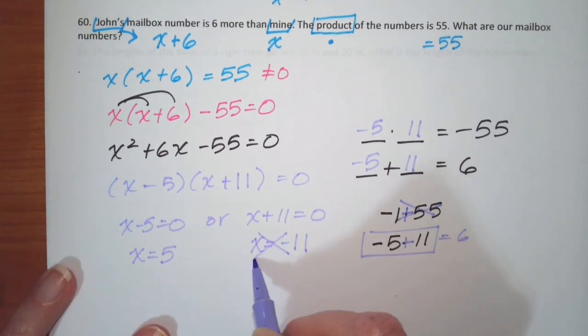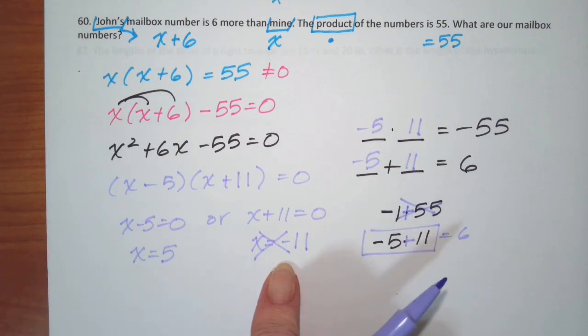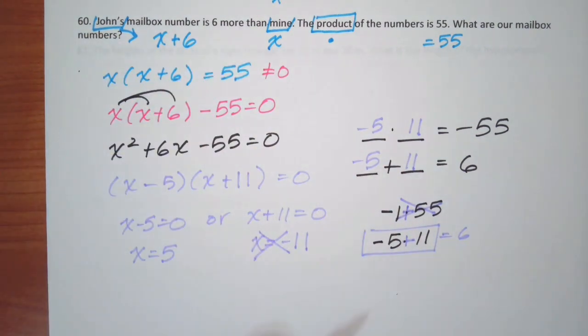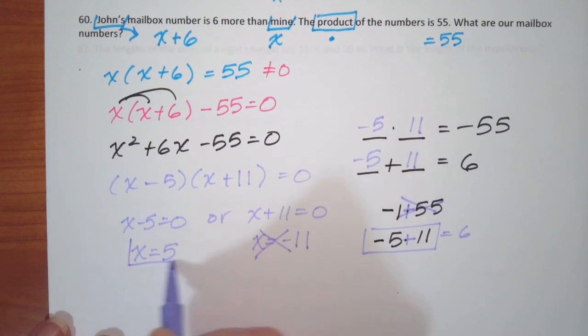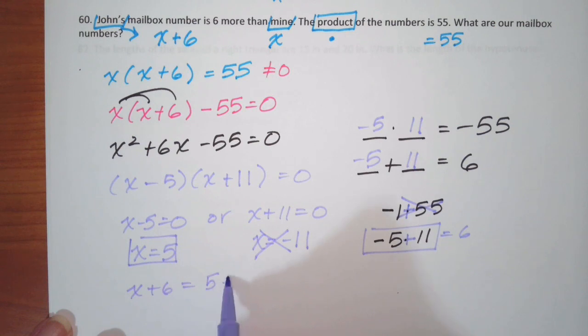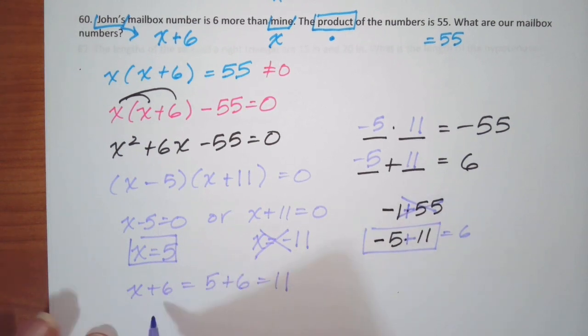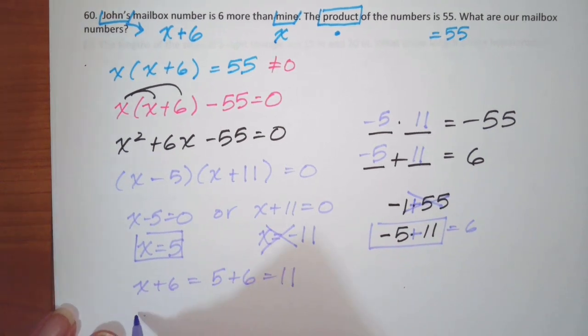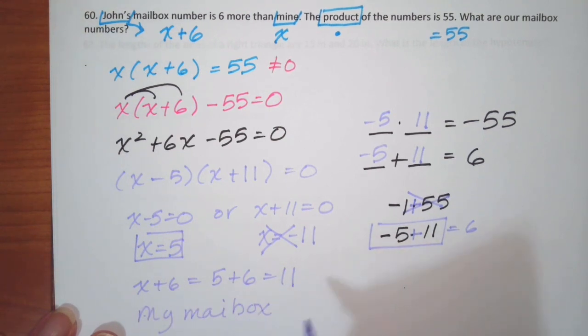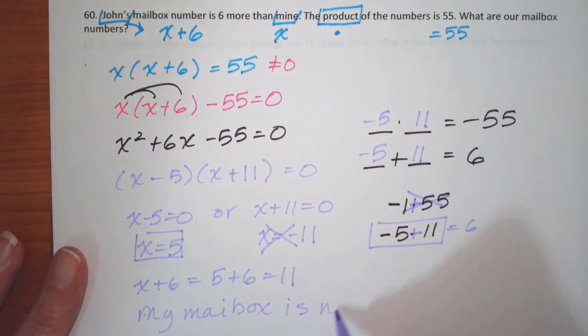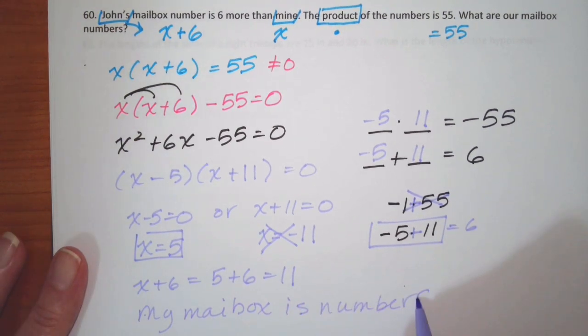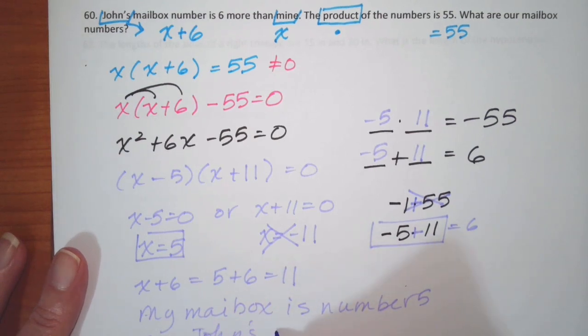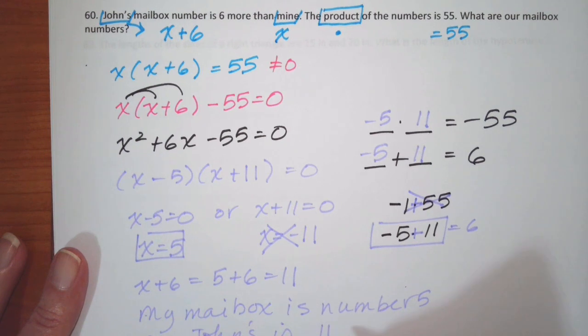Well, the mailbox number is not going to be negative, so it's an answer to the equation, but not to the situation. So x equals 5, and then x plus 6 is equal to 5 plus 6, which is 11. So my mailbox is number 5, and John's is 11.